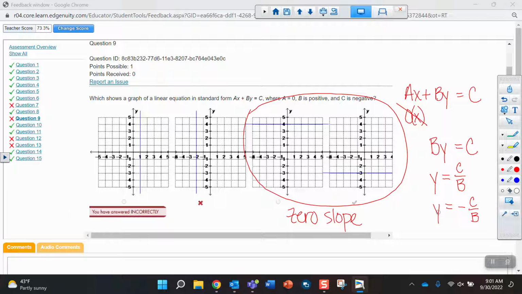So the y-intercept is negative. Here we have a negative y-intercept of 3, where up here you have a positive y-intercept of 4. Horizontal lines are just y equals some number, where vertical lines are x equals some number. So if it had said that b was 0, it would have been one of the first two answer choices. But since a is 0, that causes the x term to go away.